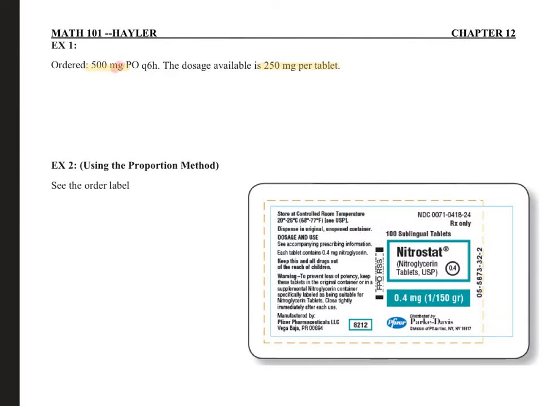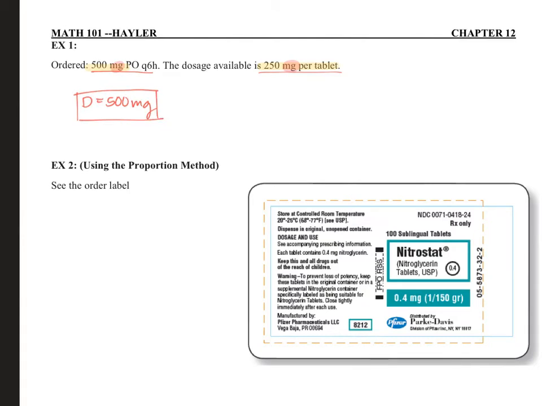We have milligrams and milligrams. So no calculation is needed for the changing of the units. The drug measured is in milligrams on both. So our order is milligrams, and what we have available is milligrams. So our desired dose is going to be 500 mg. Capital D for desired dose.